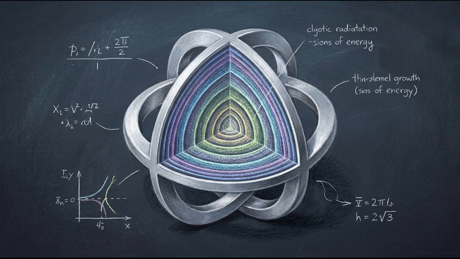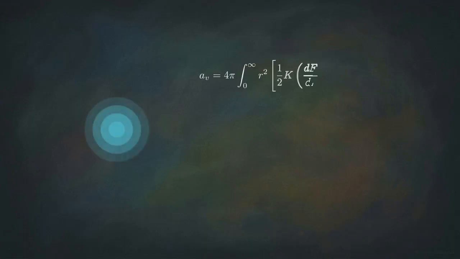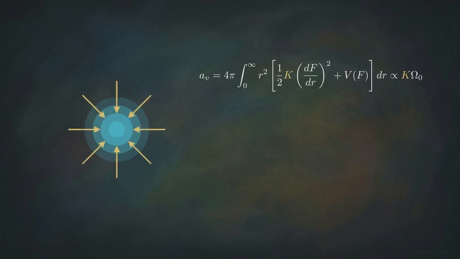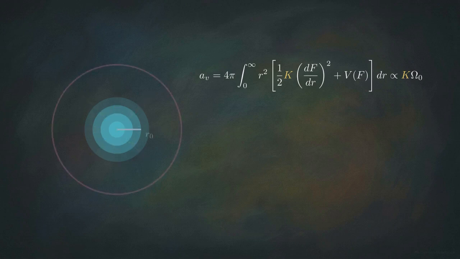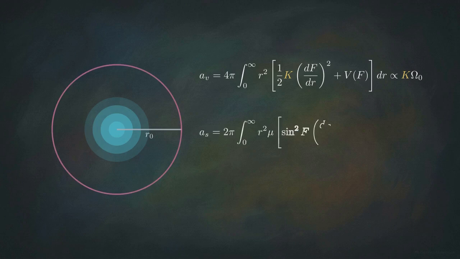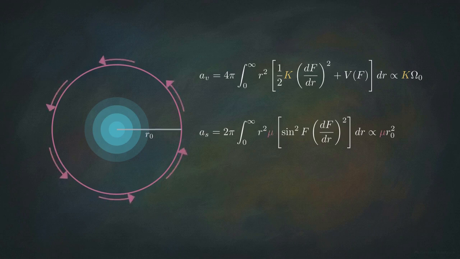energy coefficients. In equation 6, we extract the volume coefficient. The calculation relies on the bulk modulus, K. The volume term represents the energy required for bulk compression within the soliton core. Moving outward from the center, we evaluate the outer boundary of the knot. Equation 7 derives the surface correction, where the calculation shifts to the shear modulus, mu.